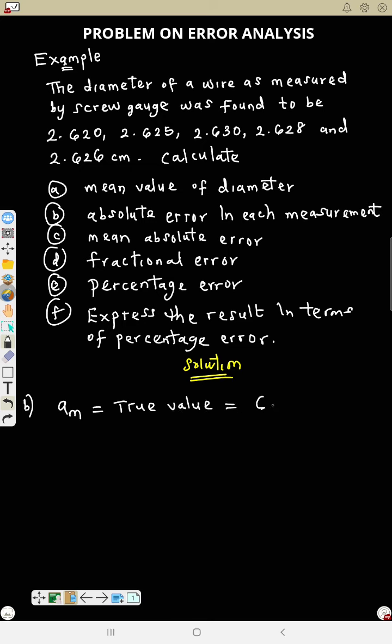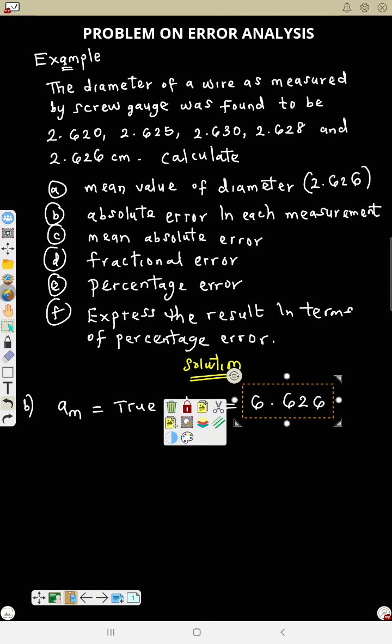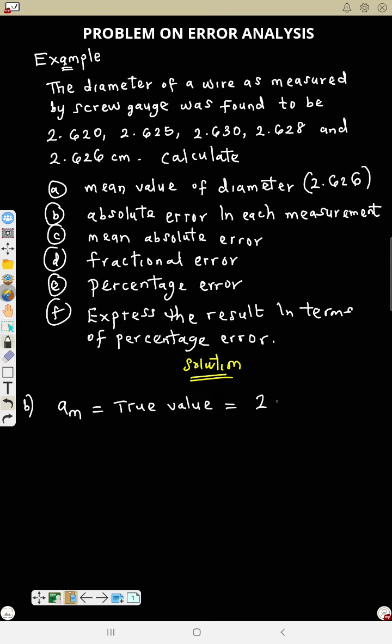So AM is our true value, 2.626. That's our final result in A. So now let's use it to find the absolute error in each measurement.